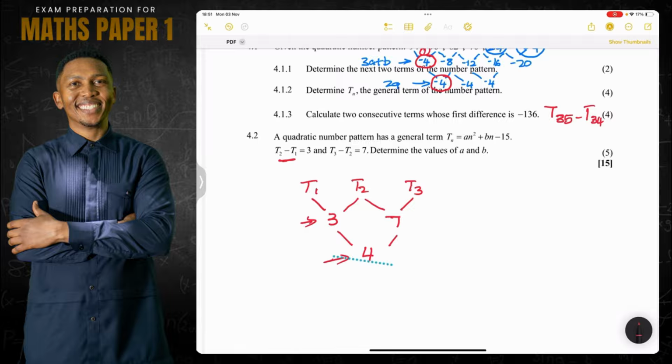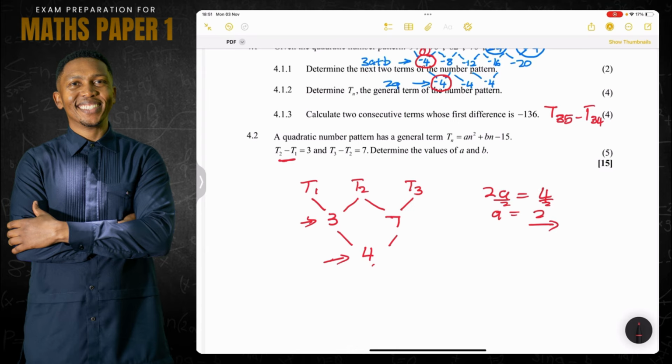We know what is our common difference, our second difference in that case. So we always say 2a is equal to that second difference, that's 4. So a will be equal to 2. We divide by 2 on either side. So a is equal to 2.